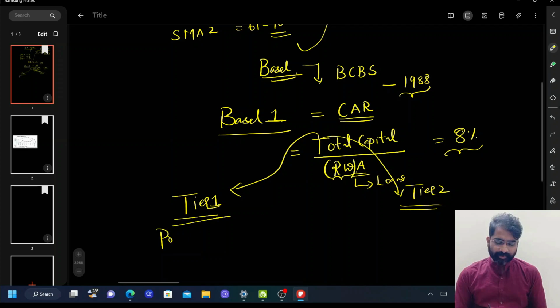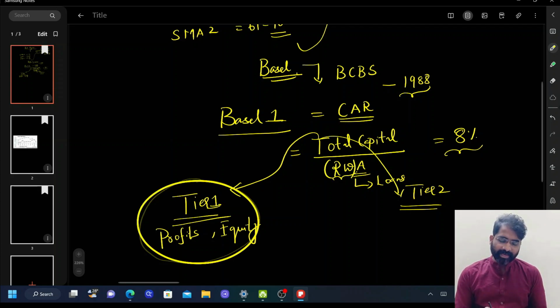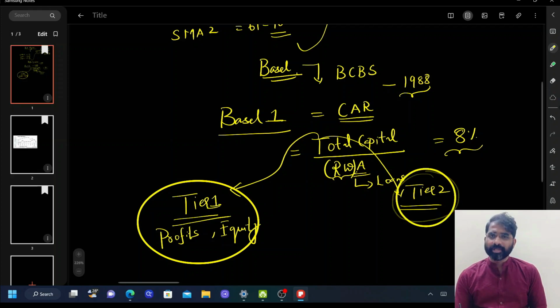It mainly has the profits of the bank, and it has the equity, regular equity, not the preferential equity, the regular equity of the shares. And this is seen as the good capital because the bank's operation need not be stopped, and you can use this capital very easily. But tier 2 capital is seen as not so liquid because it has some preferential shares.